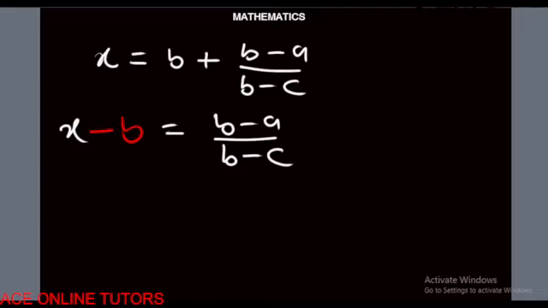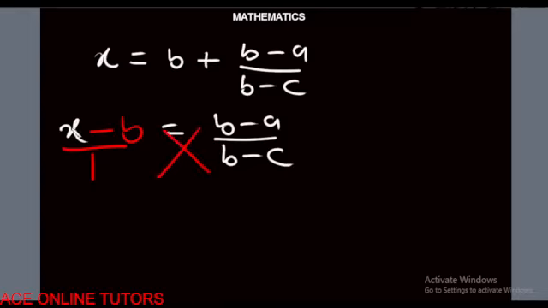Another thing you are going to notice is that in this particular case, this c that we are looking for is actually a denominator. It is under this particular fraction. So you make sure that it is no longer under a fraction. What you can do is to cross multiply. But before you cross multiply, you turn this also to a fraction. Then you can cross multiply.